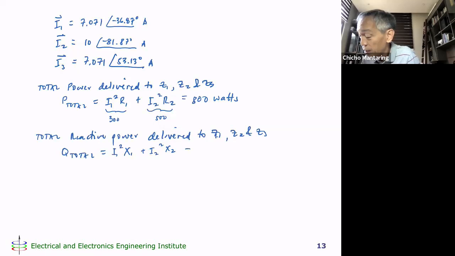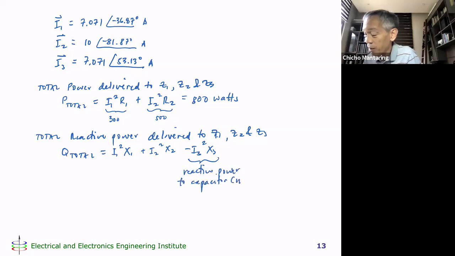So this will be minus I3 squared times X3. Note that this is the reactive power to a capacitor, which is negative.